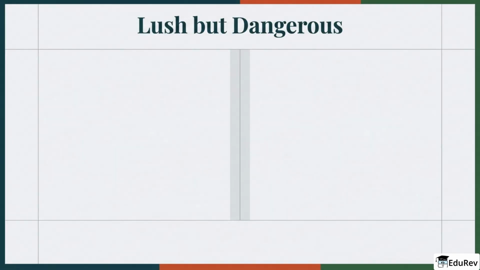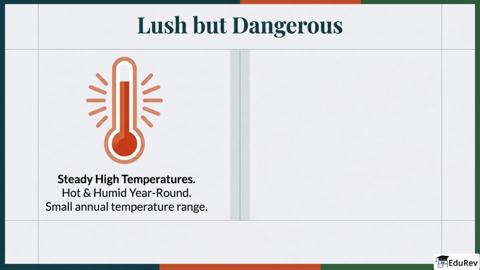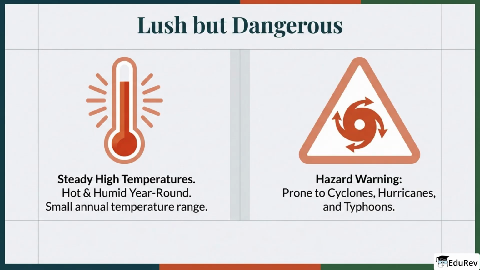Now take the climatic character as a whole. This climate stays hot and humid throughout the year. Temperatures remain steadily high and the annual temperature range is small. That means there is no dramatic seasonal temperature contrast like temperate regions. This makes the region lush but not harmless, because the same warm oceans that supply moisture also create vulnerability to cyclones, hurricanes, and typhoons.